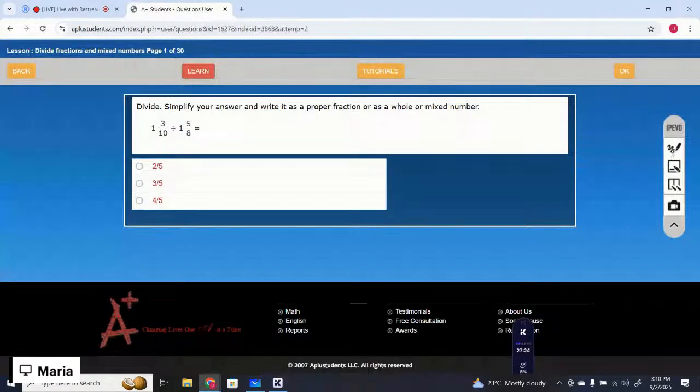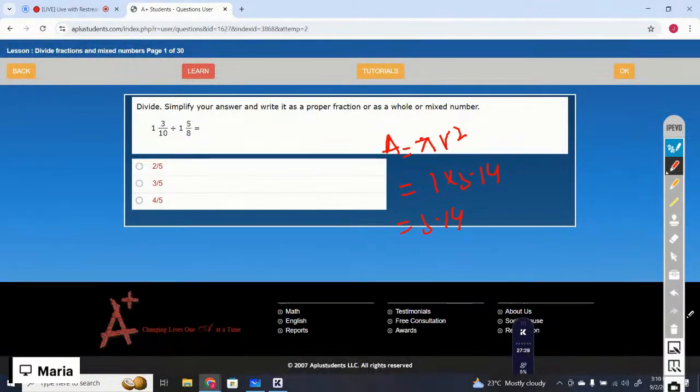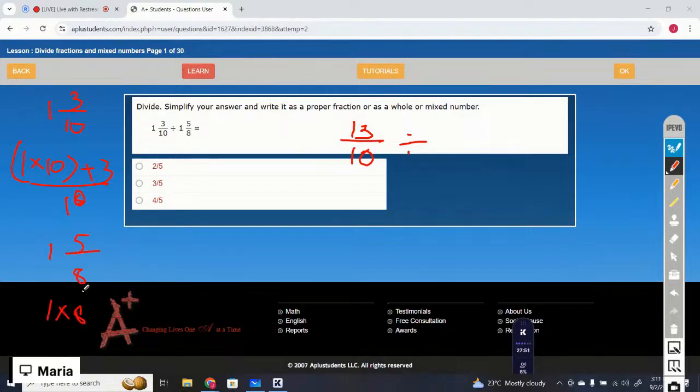So 1 whole 3 over 10, you multiply 10 times 1 and add 3, so that is 13 over 10. The second one is 1 whole 5 over 8. You have to multiply the whole number times the denominator, 1 times 8 plus 5 over 8, that is 13 over 8.